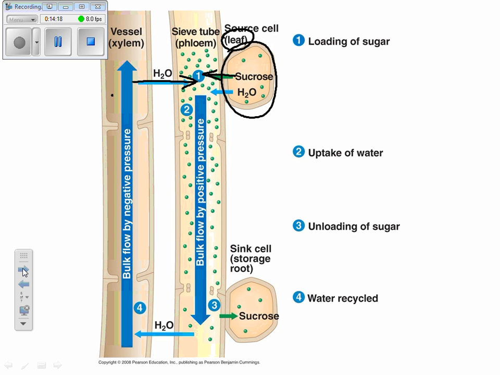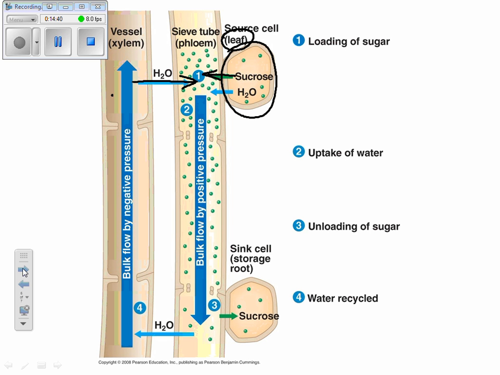Down here, I'm going to have lower potential as the sugar accumulates in the sink. And so now sugar is going to be forced downward in this case from the source to the sink due to a buildup of water, creating a high water potential and a positive pressure.